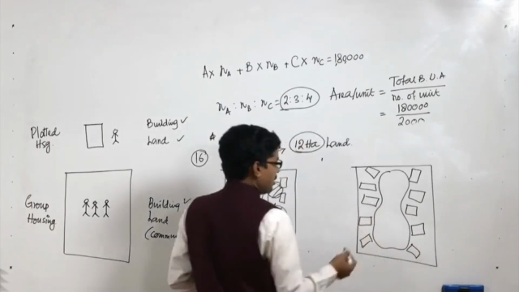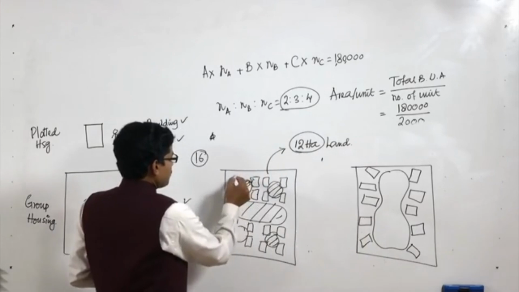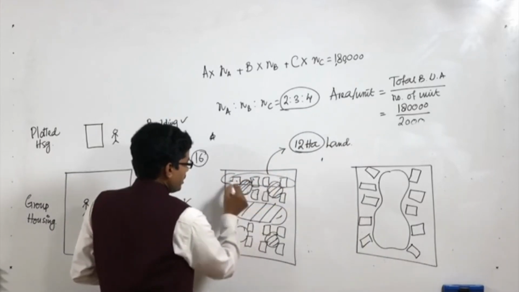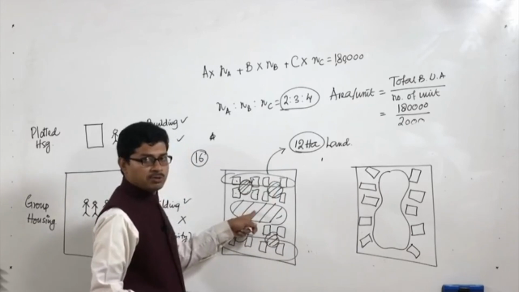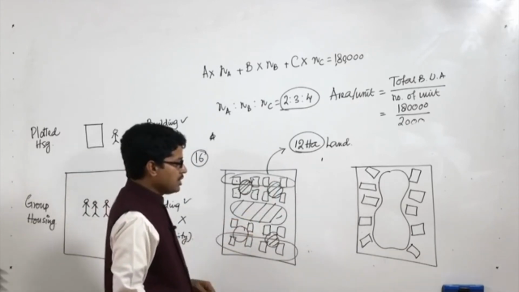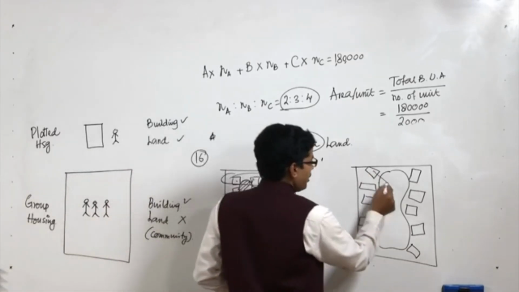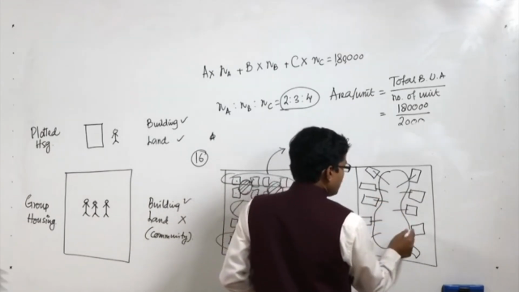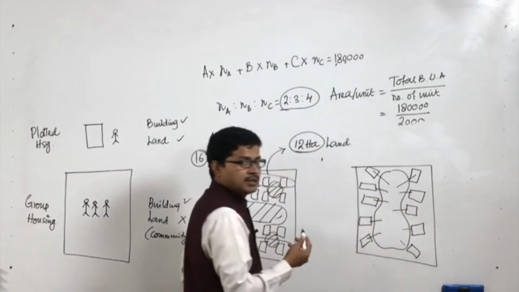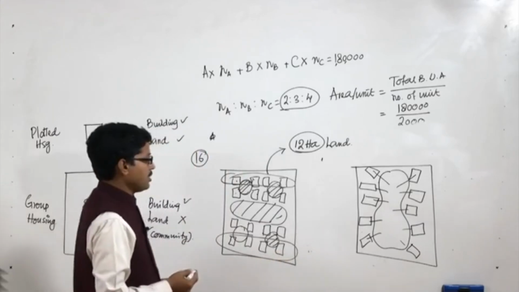Here this set of buildings are deprived of the large open space like a playground, but here every building can have the visual connection or the advantage of the bigger facility. So this could be another approach, similar to plotted housing.